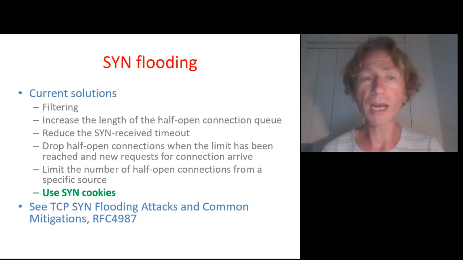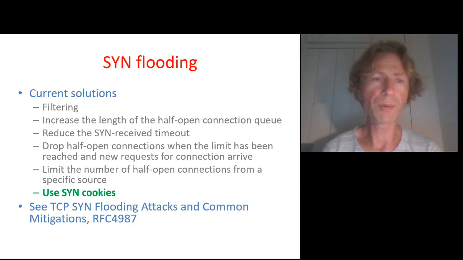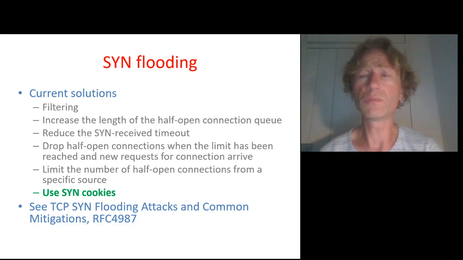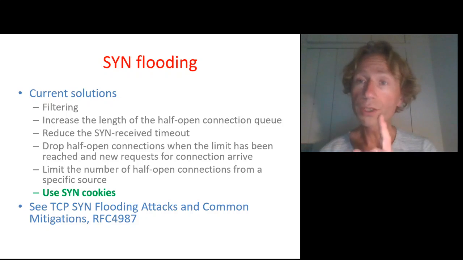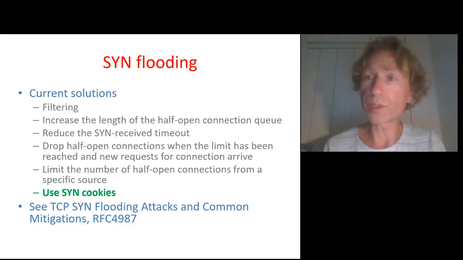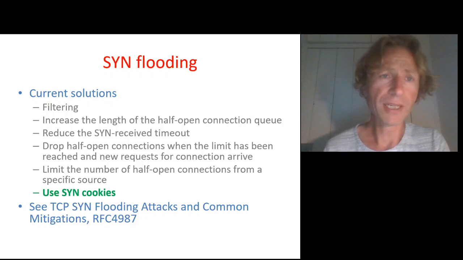You can also drop some half-open connections when a certain limit has been reached and you get new requests for the connection, so you can still accommodate a new request. You can limit the number of half-open connections from a specific source. So there's all sorts of not so clever things that you can do, or you can use TCP SYN cookies. And nowadays, TCP SYN cookies are really quite popular, and it's a fairly adequate defense against TCP SYN flooding.